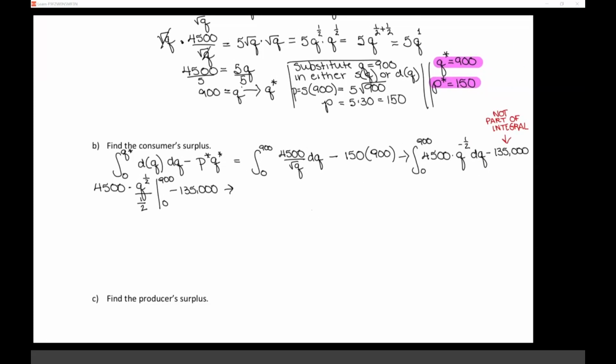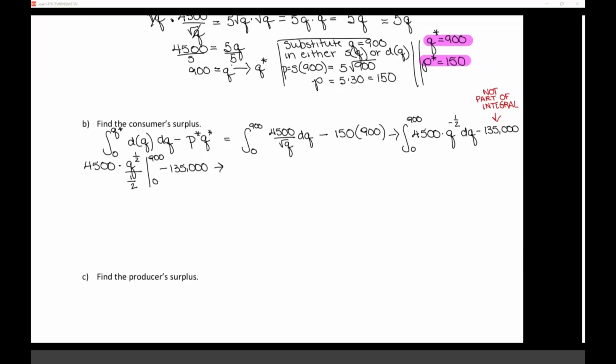Before I actually evaluate my definite integral at the two bounds, I'm going to get rid of the 1/2 in the denominator, and I'm going to do that like this. 4,500 divided by 1/2 is the same as multiplying by 2 over 1.